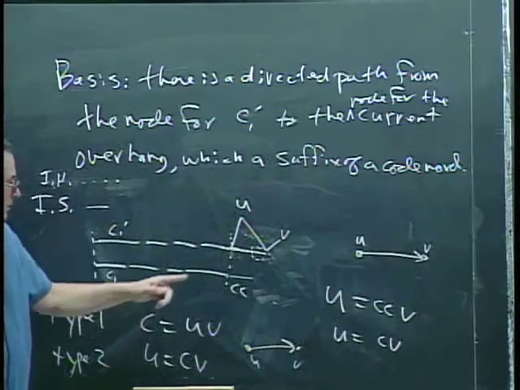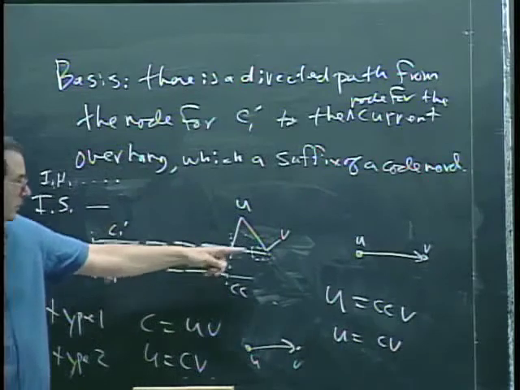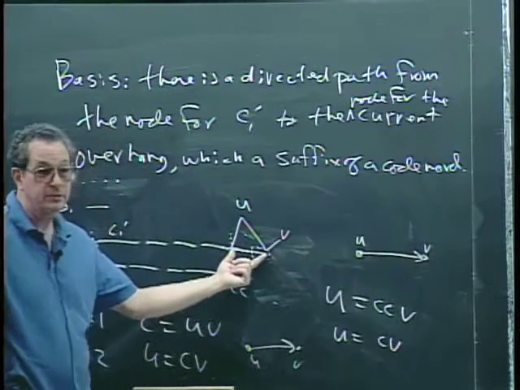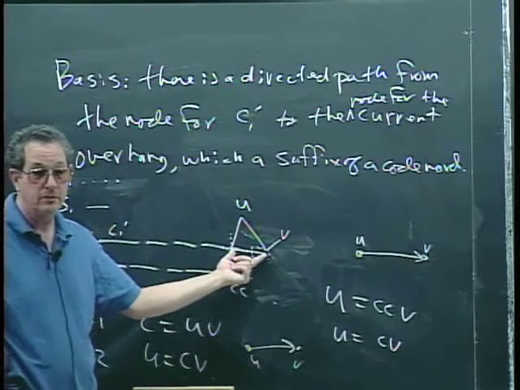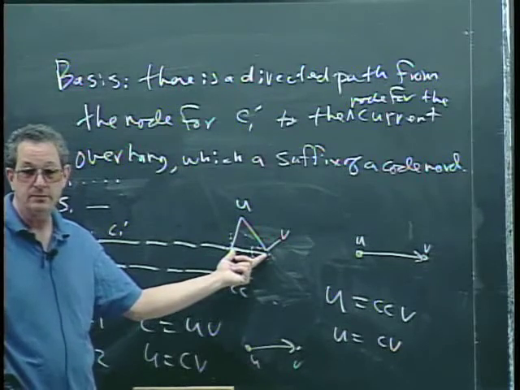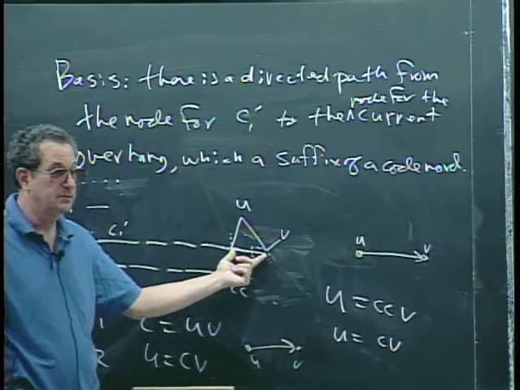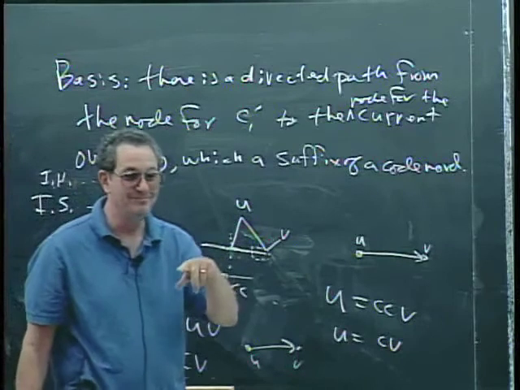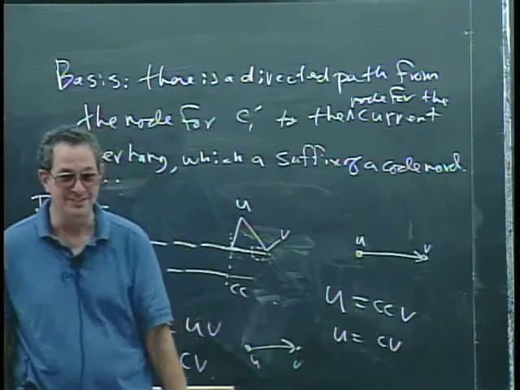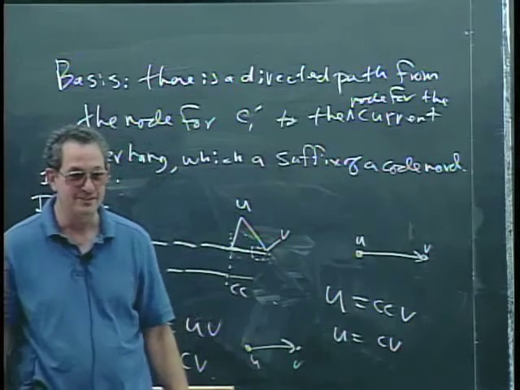And, of course, we still have to argue, in order to say that that's really an edge, that U is a suffix of a code word. Why is U a suffix of a code word? Yeah. It was an overhang one step behind.